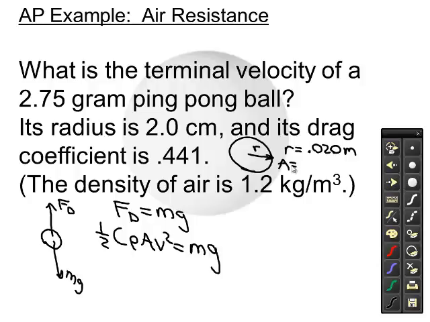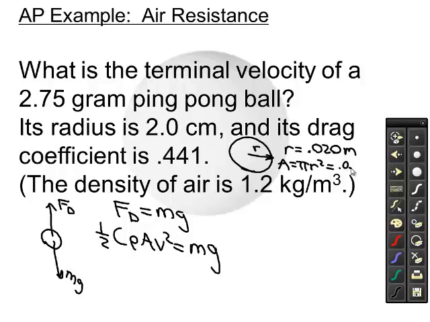Therefore, cross-sectional area, pi r squared, is going to be something small, because it's a ping pong ball, for goodness sakes. So pi times 0.020 squared gives us this tiny area of 0.00126 square meters.